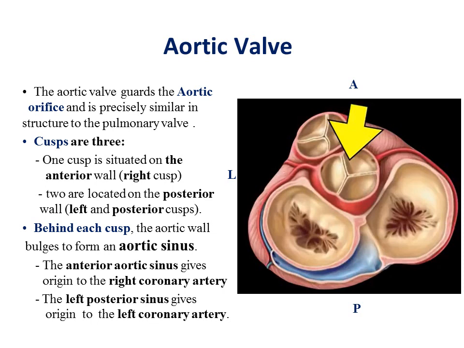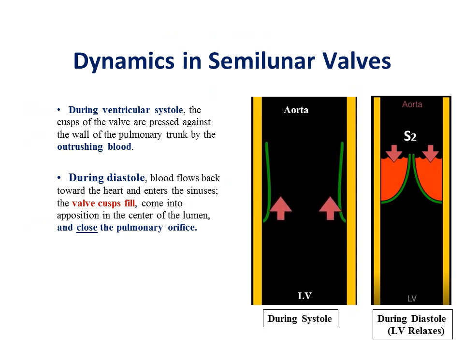The origin of the left coronary and right coronary is very important and crucial in management when we are doing echocardiography and cardiac catheterizations to see the patency or any pathology in symptomatic patients.